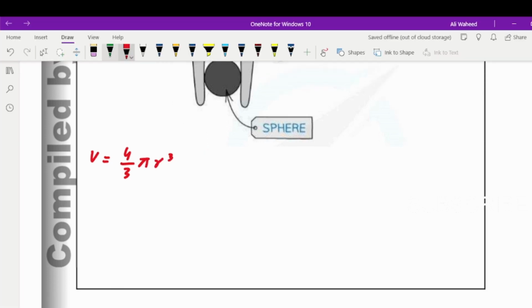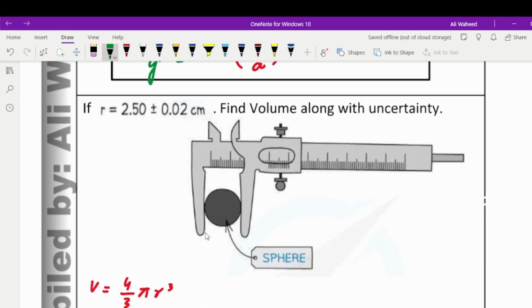Just a question of mathematics. 4/3 as it is, the value of pi you can write as it is on the calculator, or 3.14, times the cube of 2.50, and you hit all of it on the calculator, you get 65.5 cubic centimeters. This is the principal value. We didn't calculate the uncertainty yet.